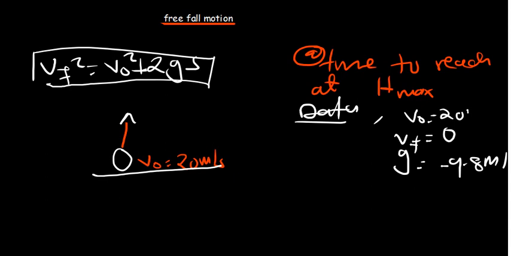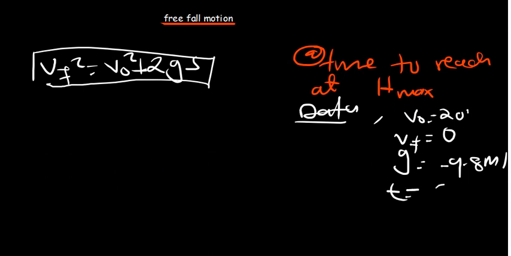Therefore we come here, we start now plugging in the values. So I start with the final velocity. We said at the maximum height it's going to be 0. Okay, here we have 20 squared plus 2. Now at the maximum height we are saying it's going up, so the value of g is going to be negative 9.8 times s.